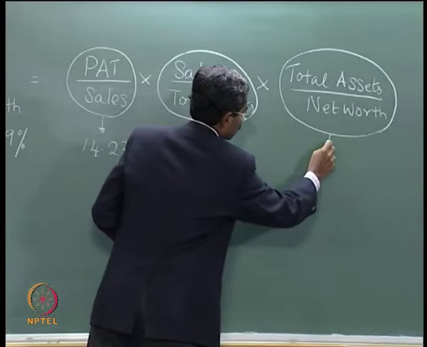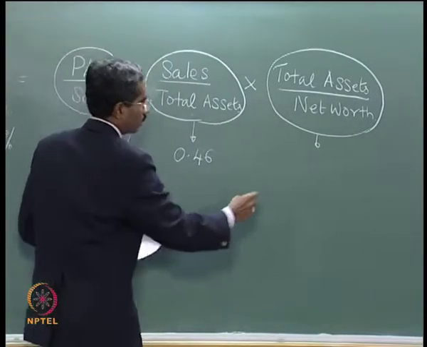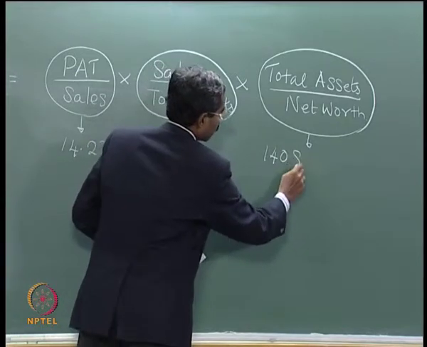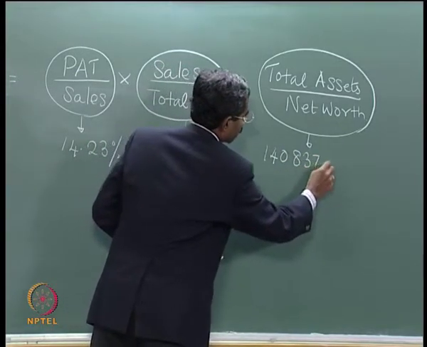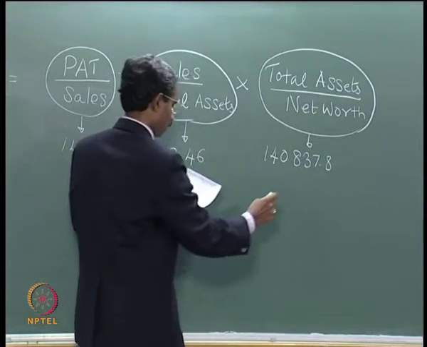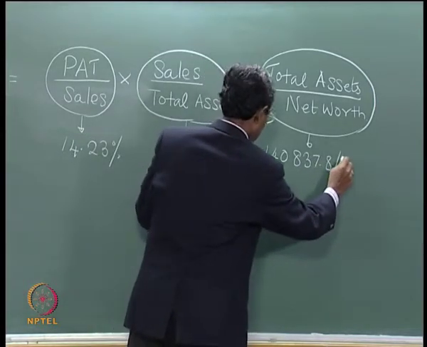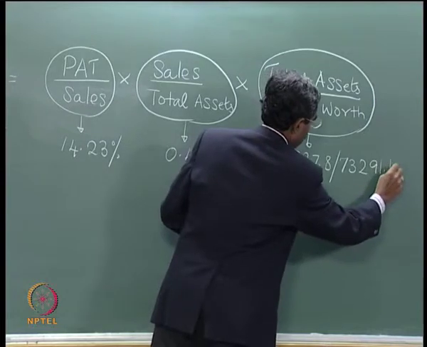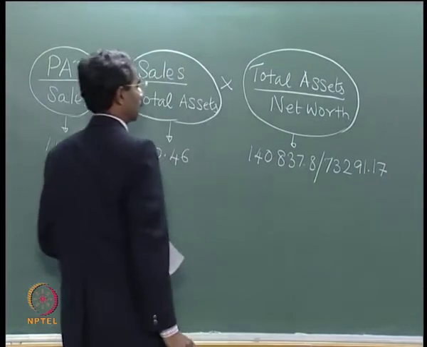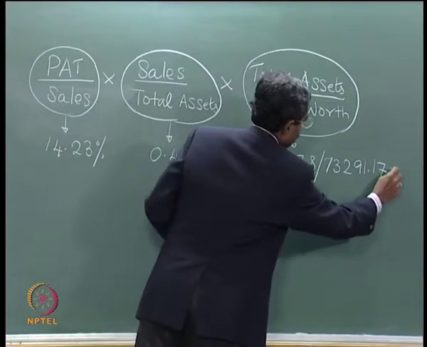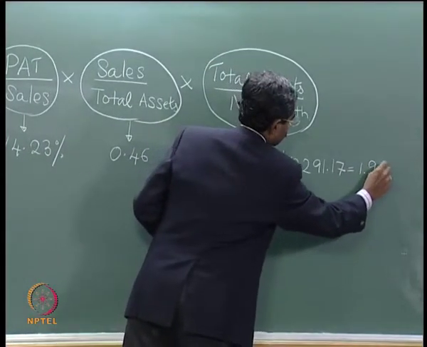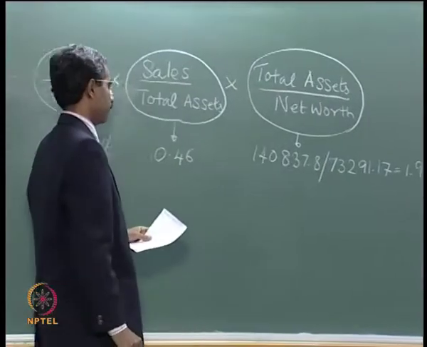and this number is nothing but the total assets 140,837.8 divided by 73291, and this equals 1.